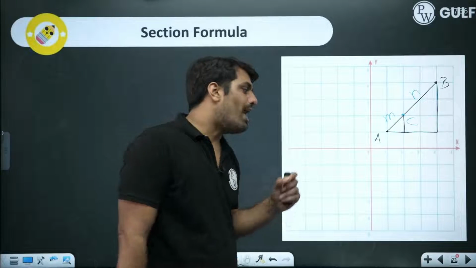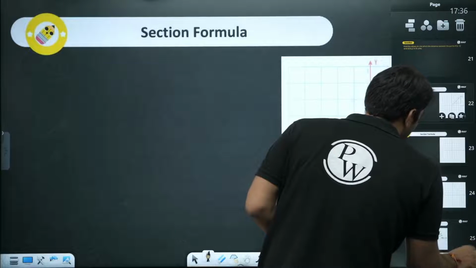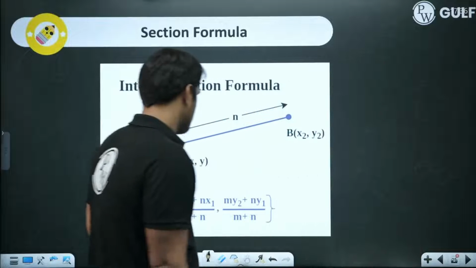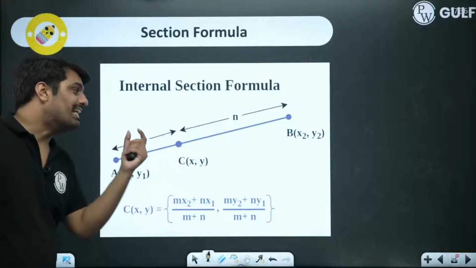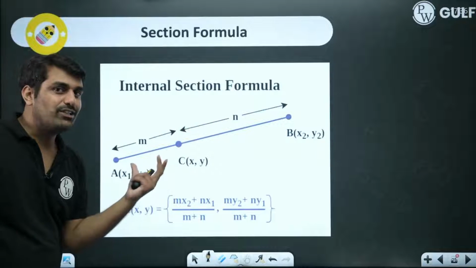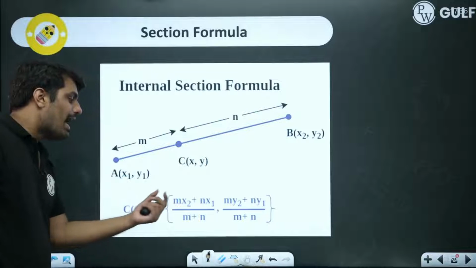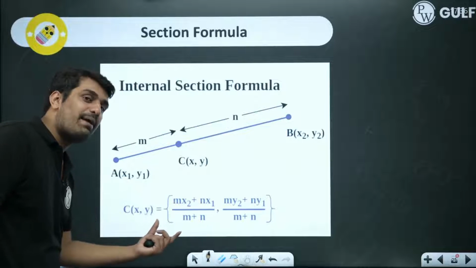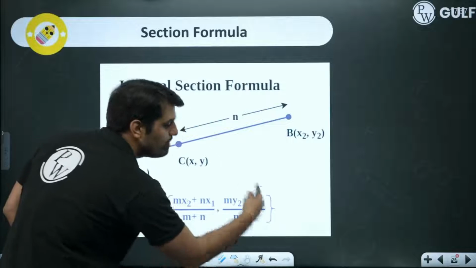So when we do everything over here, the final thing coming up is this: the coordinate of the point which will be dividing the line AB in ratio M:N is mx2 plus nx1 divided by m plus n. This is simply the x coordinate, and similarly there will be a y coordinate.